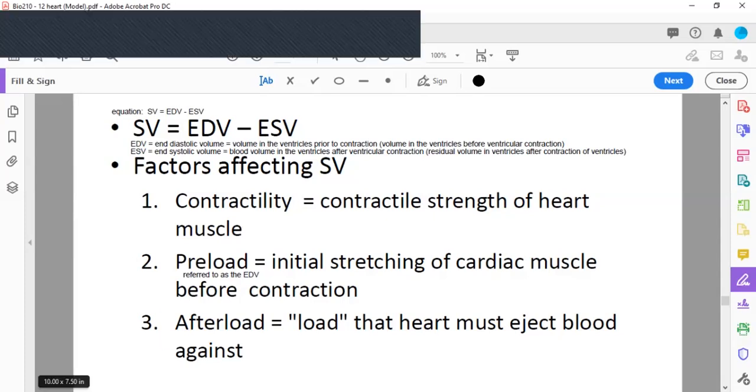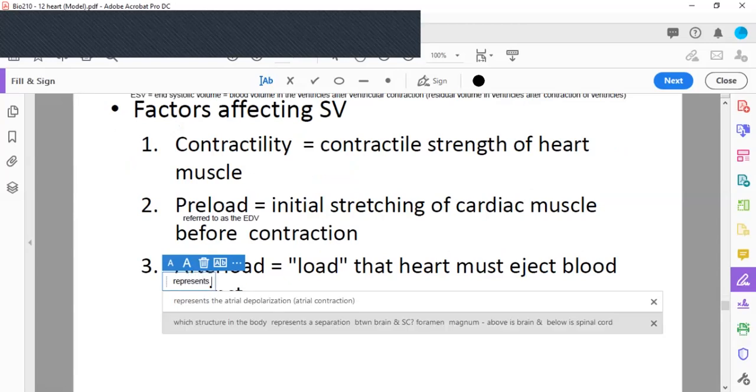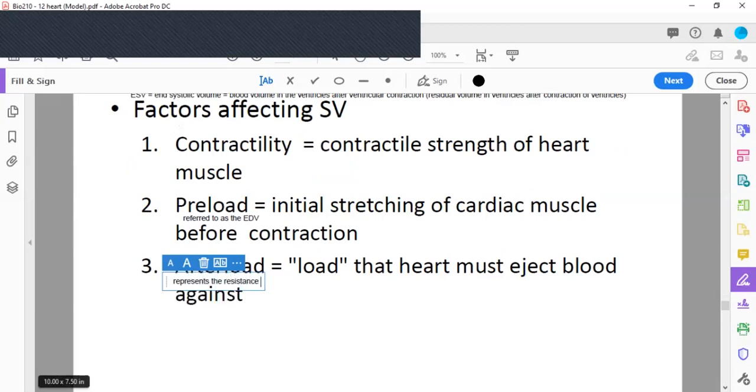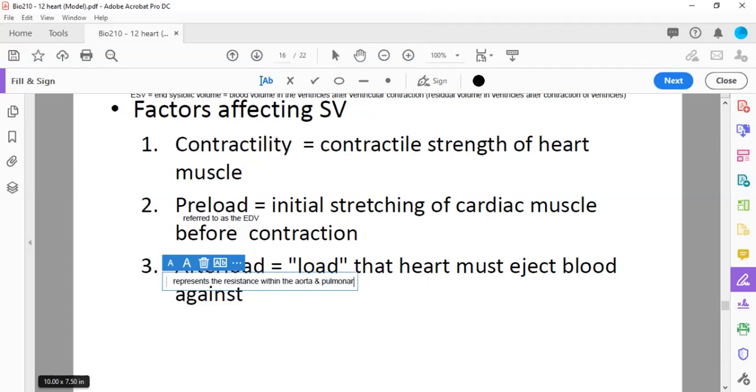So the afterload represents the resistance within the aorta and the pulmonary trunk that the ventricles must overcome in order to eject the blood out of the ventricles.